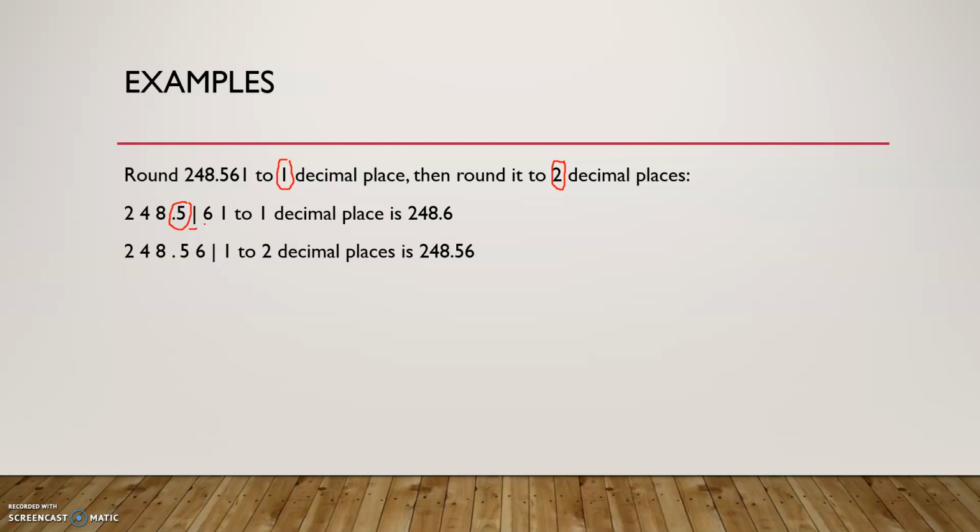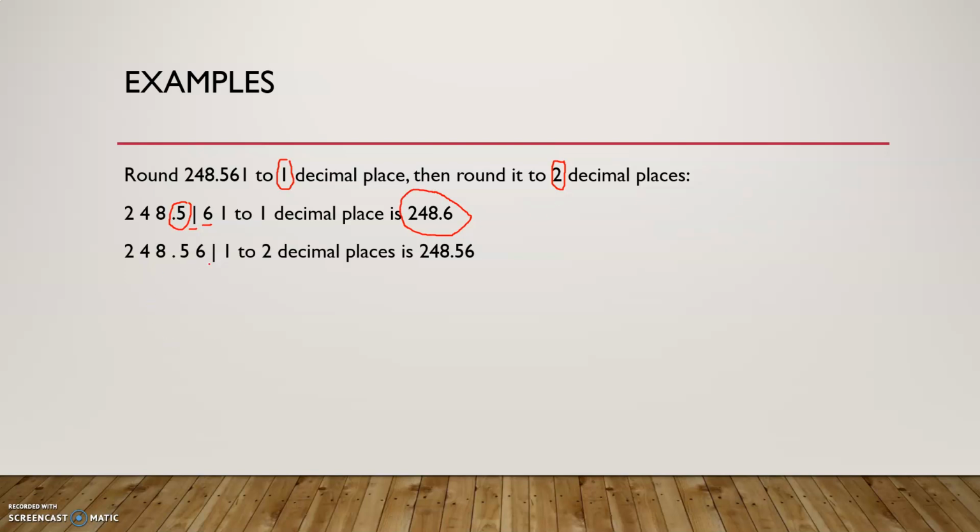Then we look at the next digit, which is 6, which is more than 5. So we have to increase this 5 by 1 and forget the rest of the numbers. Hence we go 248 point, so instead of 5 we'll have 6. So that's how we do rounding to one decimal place.